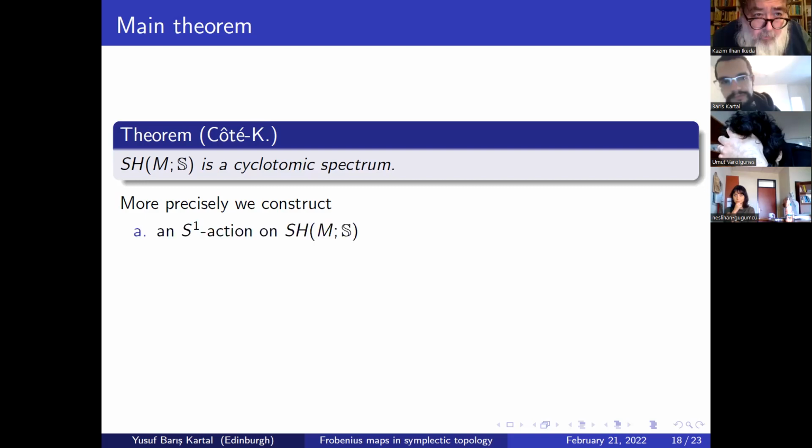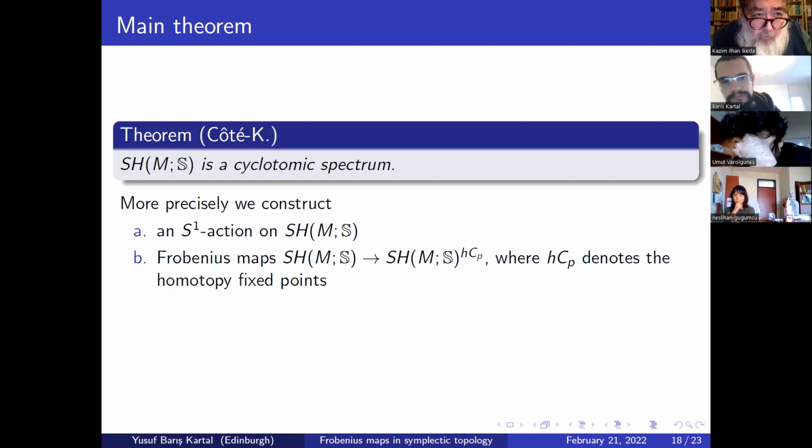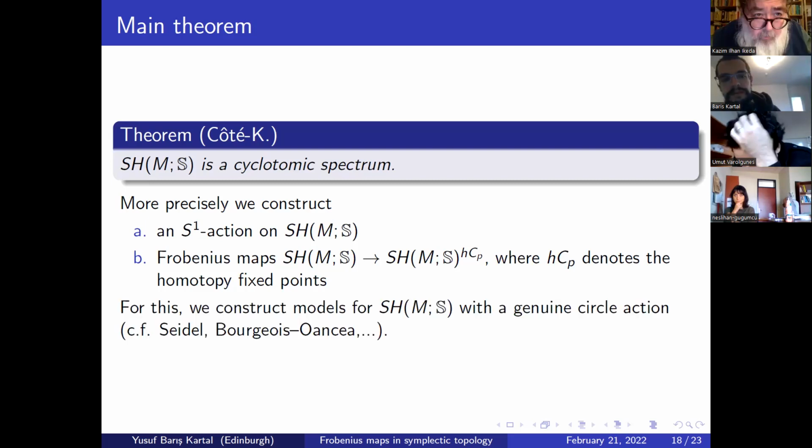So we construct an S^1 action on this, a genuine action, not an action up to homotopy, and Frobenius maps from SH to the homotopy fixed points of the underlying C_p action. Any questions? We actually construct models for this with a genuine circle action using ideas of Seidel, Bourgeois, and some other work.